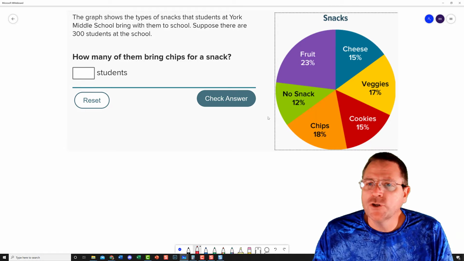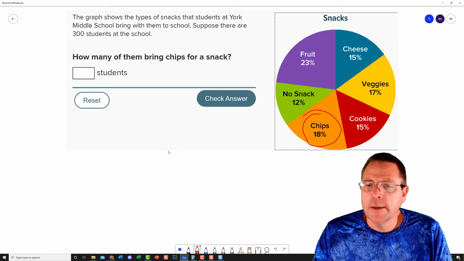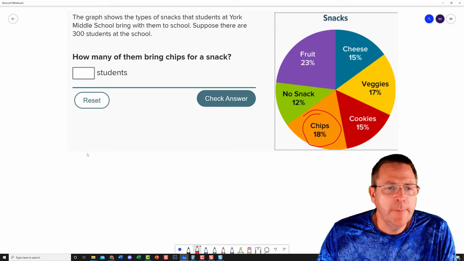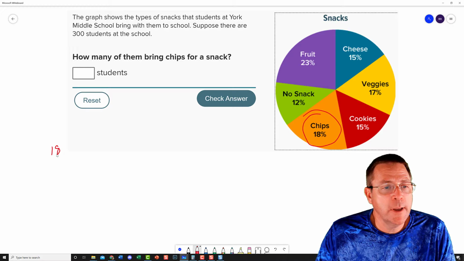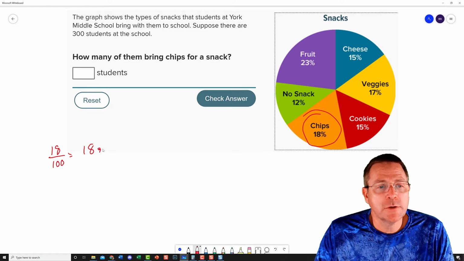So we're looking for chips, and chips are 18%. Now, keeping in mind how the problem was done last time, if we were to take 18% of 100, that would mean that each group of 100 is going to be 18 students, right?